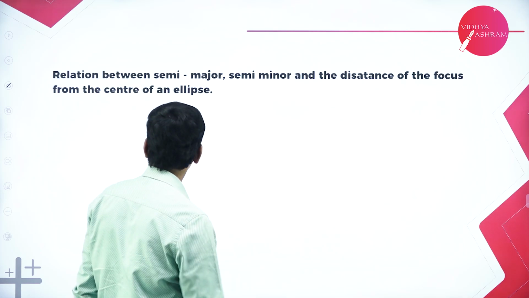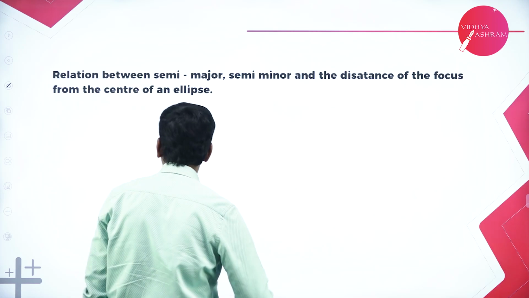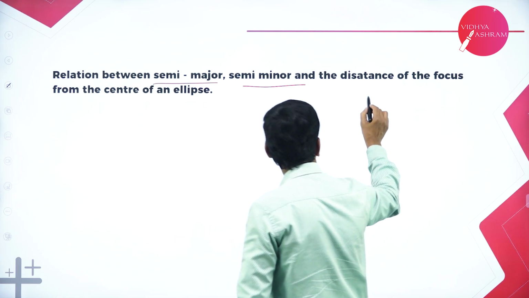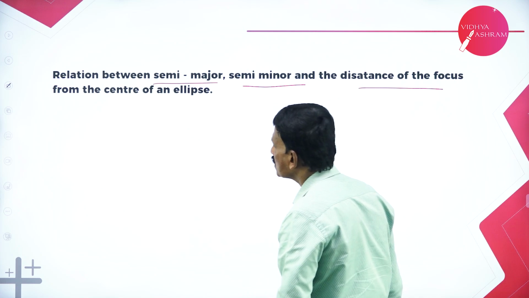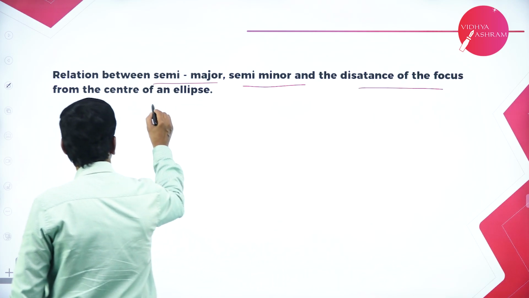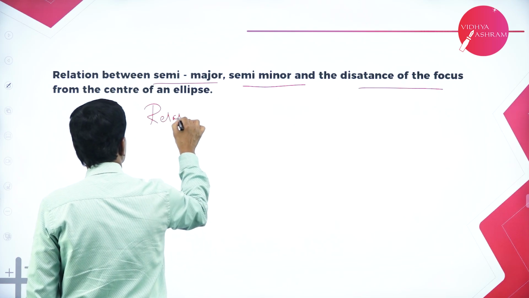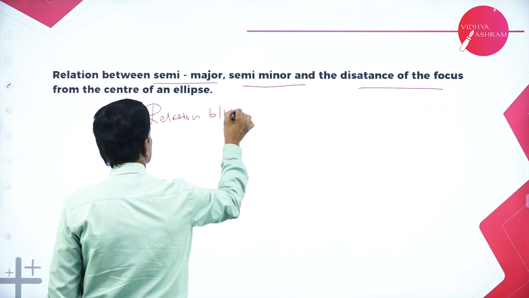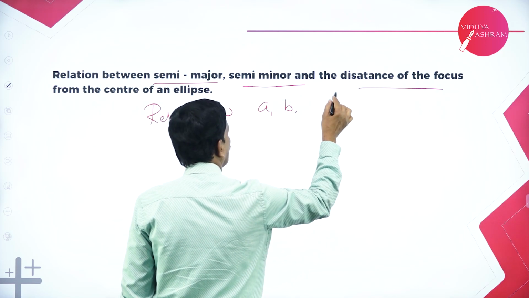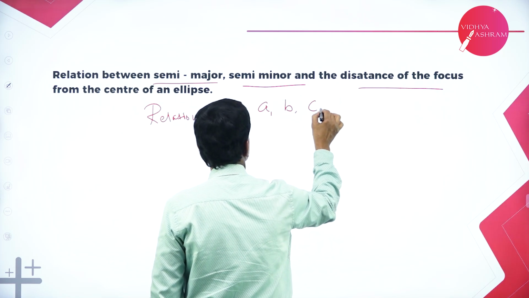Now, let us see the relation between the semi-major axis, the semi-minor axis and the distance of the focus from the center of an ellipse. The semi-major axis is a, the semi-minor axis is b, and the distance of the focus is c.